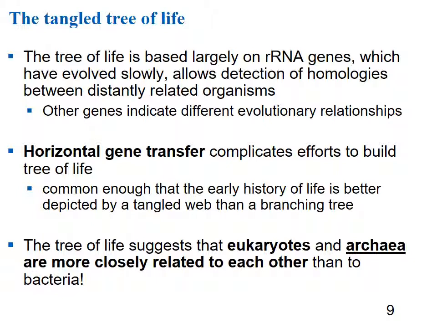Horizontal gene transfer also complicates efforts to build a tree of life. And really, horizontal gene transfer is common enough that the early history of life is better described by a tangled web than a truly branching tree. Also, this tree of life suggests that eukaryotic organisms and archaea are more closely related to each other than archaea is to bacteria, which is interesting.